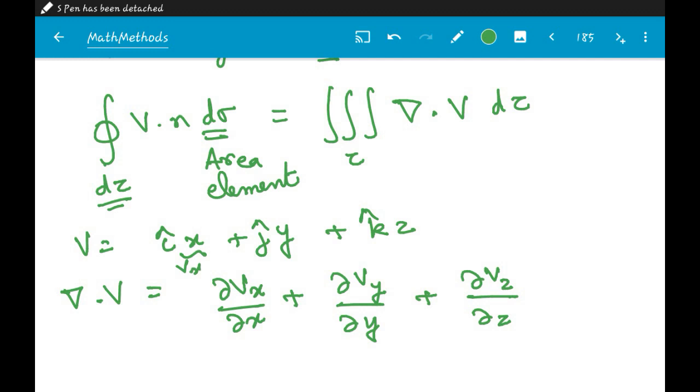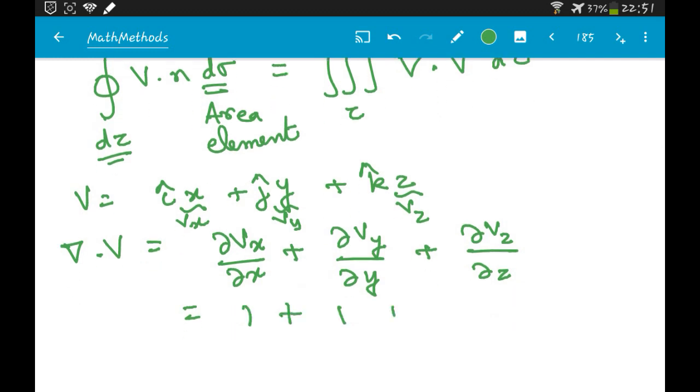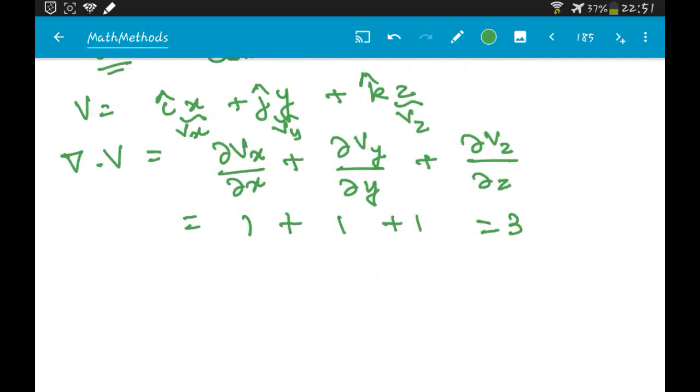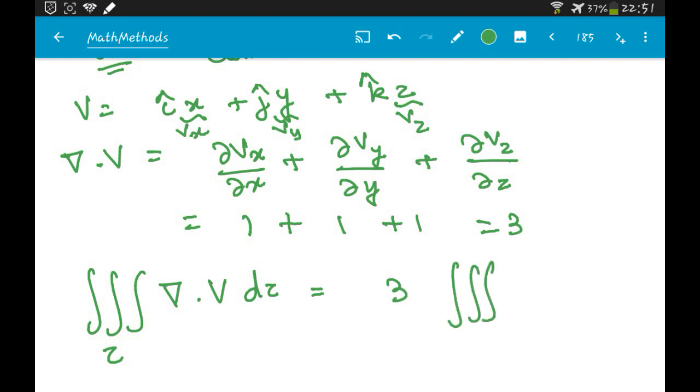And this is your Vx, this is your Vy, this is your Vz. So we'll have 1 plus 1 plus 1, so this is just 3. So ultimately our integral reduces to the integral of del dot V d tau, which reduces to 3 times the integral over tau.